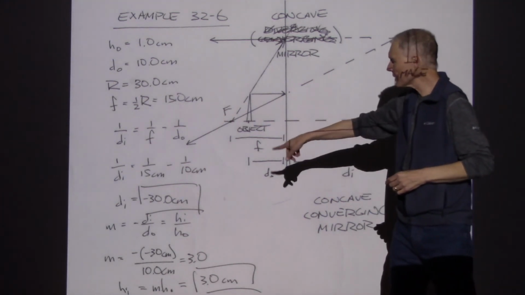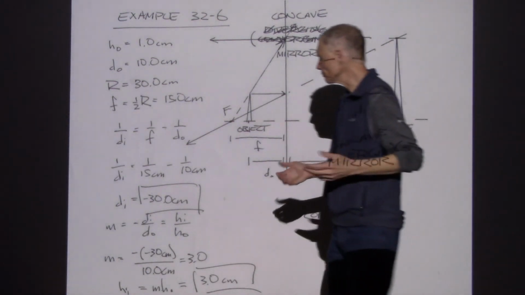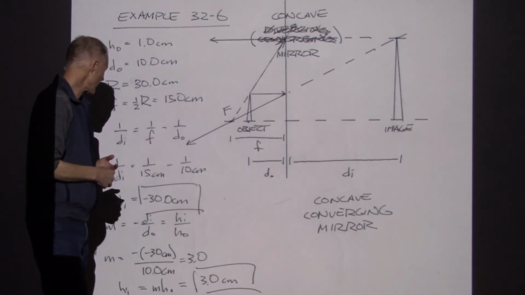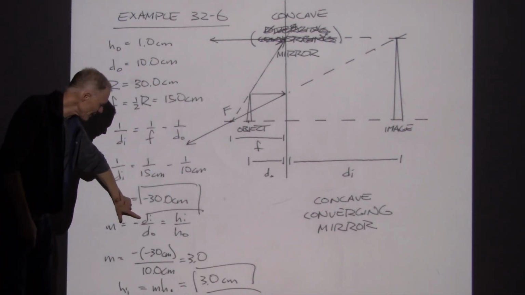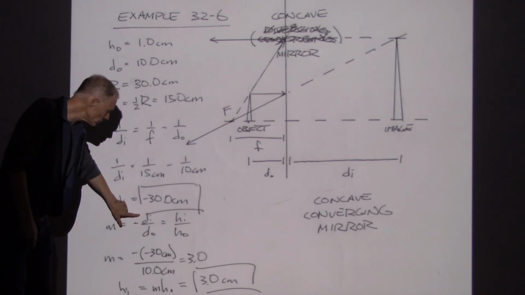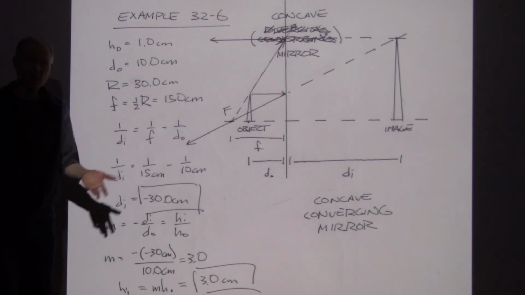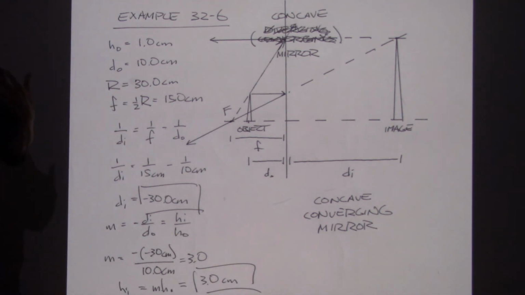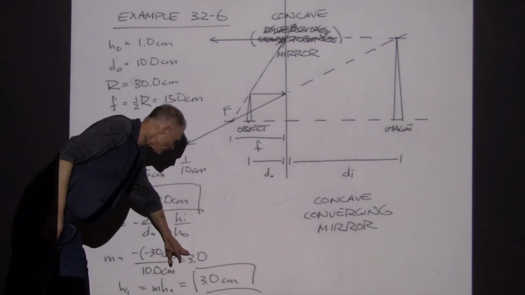And then if I go in and solve for the magnification in this case, I can get it by using minus di over do. Now, the do is positive, the di is negative, but there's a minus sign that's part of that formula that will flip the sign back to being positive overall. And I'm ending up now with a magnification of 3.